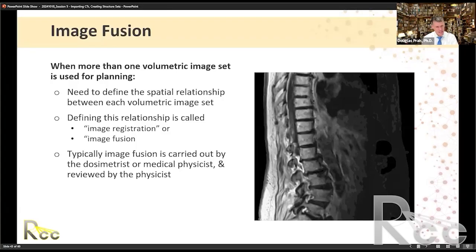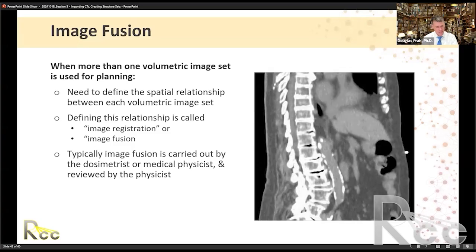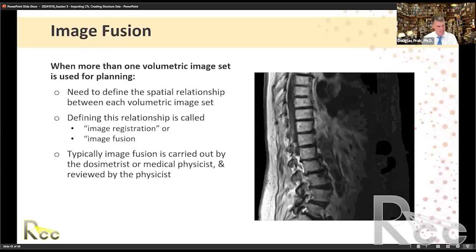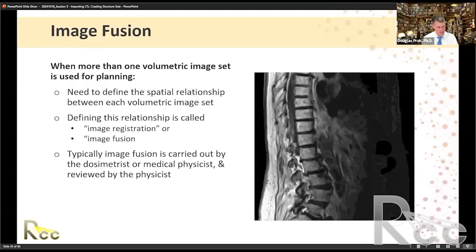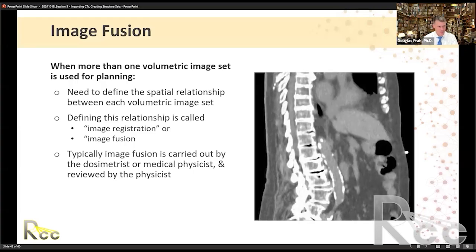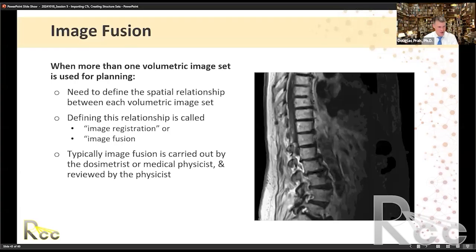Now, one thing I should mention is ideally, it would be great if you could use the same immobilization devices when you grab the other scan. But oftentimes that's difficult, especially if diagnostic radiology grabbed it. So what I typically see is radiology will grab a scan and they identify a problem.